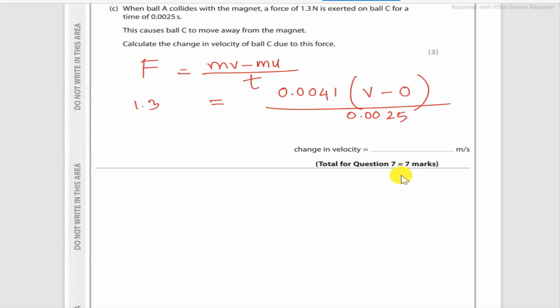So velocity will be 1.3 into 0.0025 divided by 0.0041. So about 0.79 meter per second. So change in velocity will be 0.79 meter per second.